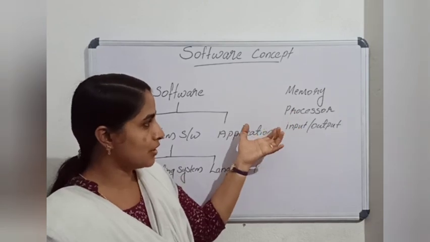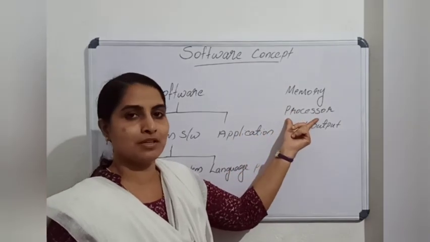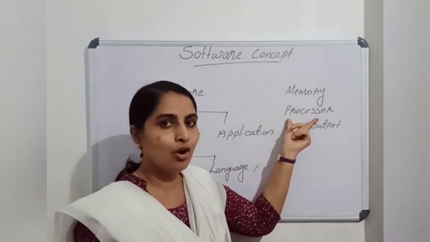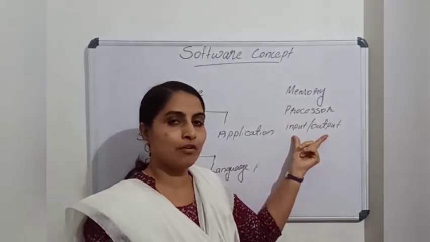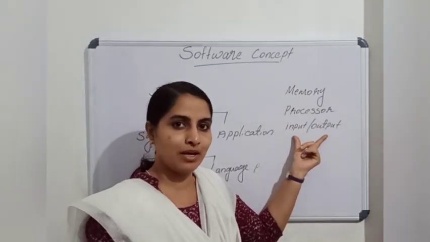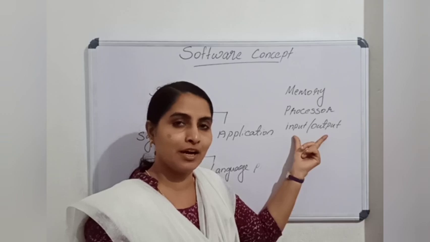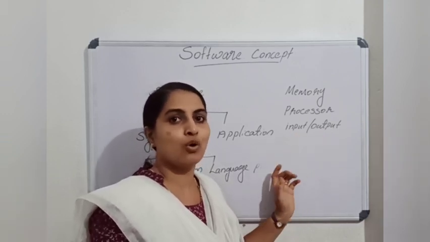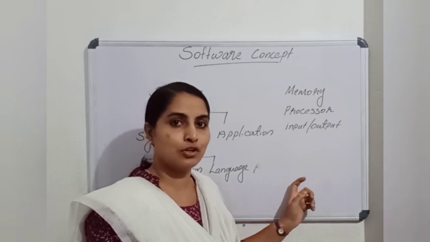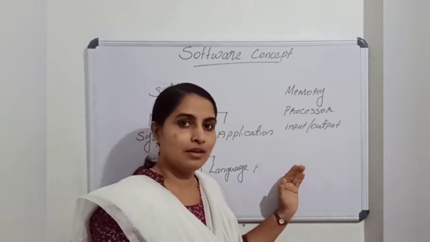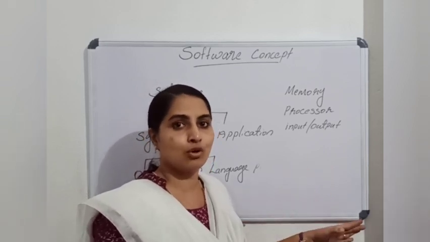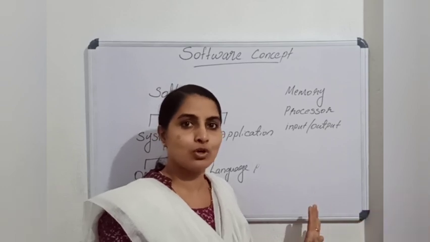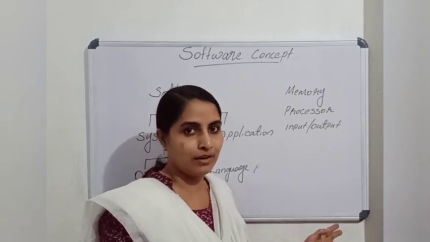So let me conclude with processor management. The CPU is managed by the operating system, and input output devices are also managed. If you are trying to take a printout, the operating system produces a control signal and passes that control to the output device or input devices accordingly.